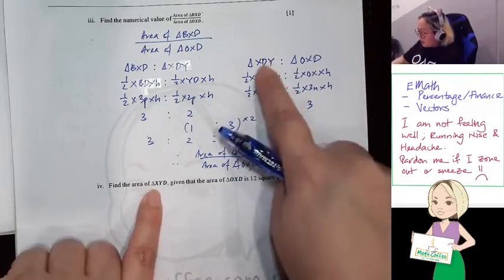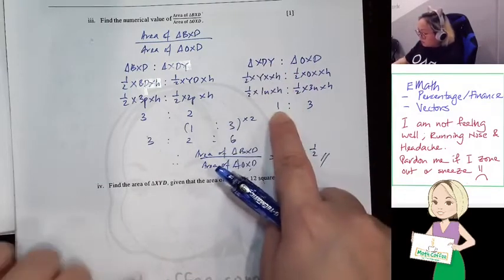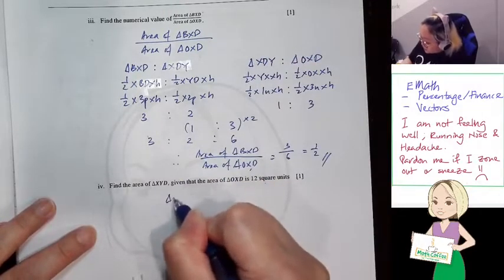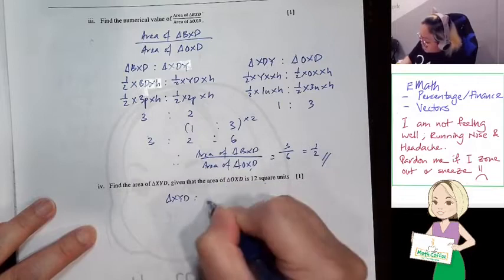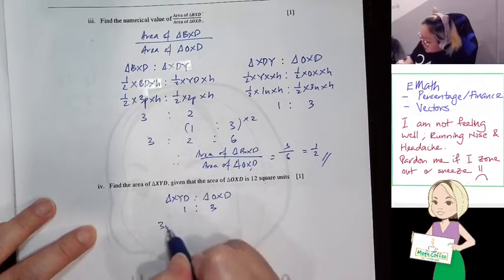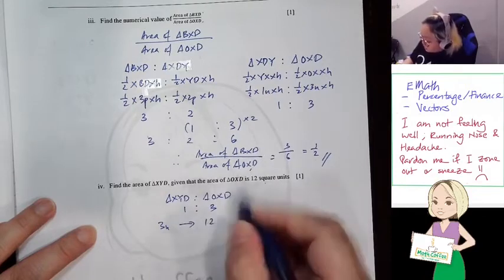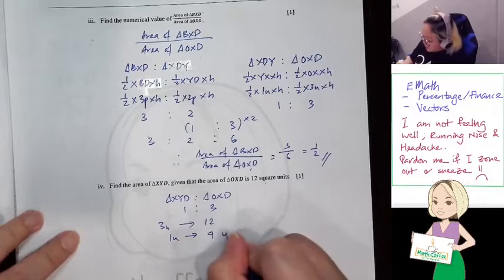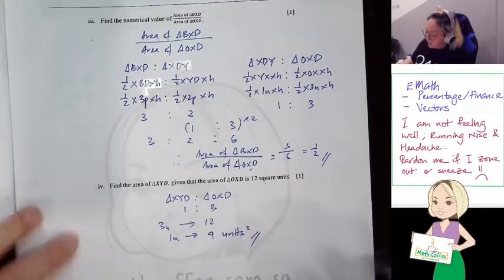I want to find XYD, which is 1 unit. Because I already have it here, triangle XYD is to triangle OXD is 1:3. So in this case, we know 3 unit is 12, 1 unit will be 4, and that's my answer. Unit square. Done.